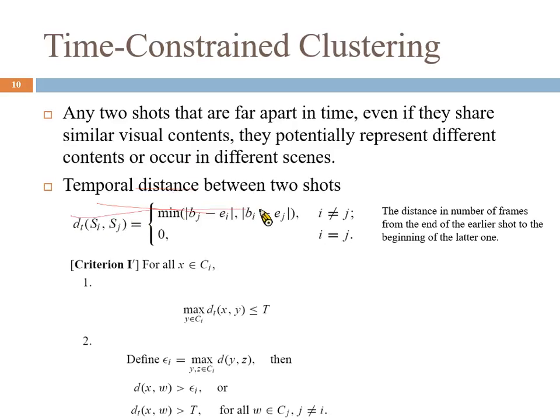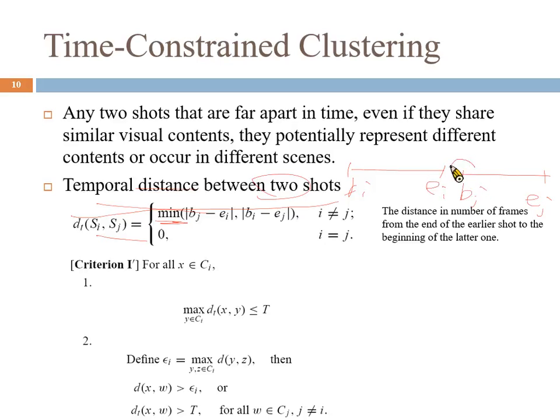So here is the constraint of temporal distance. The temporal distance between two shots can be defined like this. We already know that Si begins at Bi and ends at Ei, and Sj begins at Bj and ends at Ej. So the temporal distance between two shots is defined as the minimum of Bj minus Ei and Bi minus Ej.